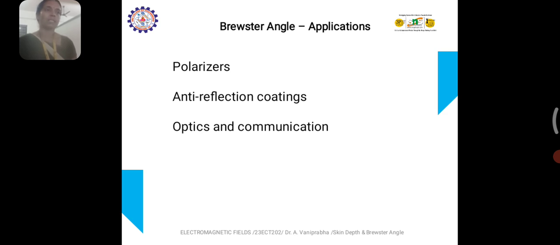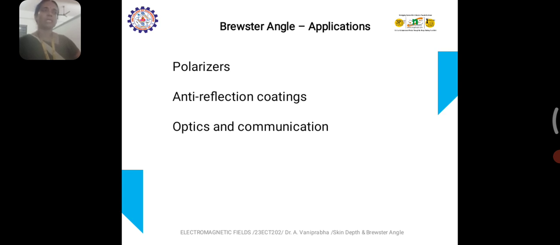Therefore the anti-reflection coating is placed on those lenses, which are used in research or laboratories. Next is laser beam alignment, and also wireless and optical communication, using dielectric plates set with reference to the Brewster angle.